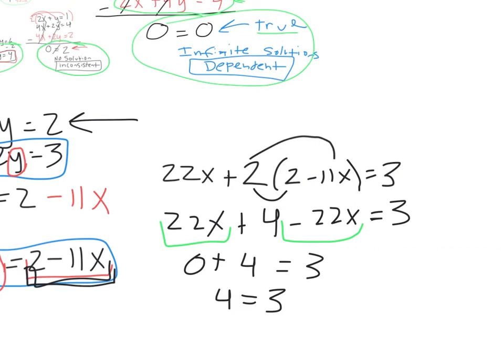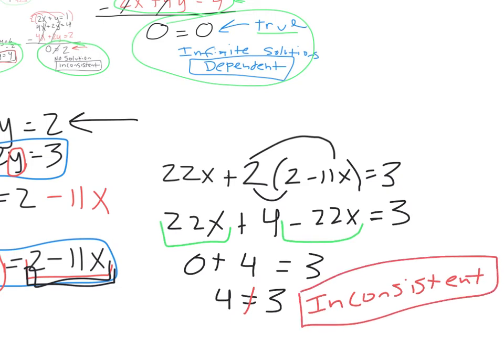And is that true? Does 4 equal 3? It doesn't. So what I have here, I'm going to put this line through the equal sign to say 4 does not equal 3. What I have here is an inconsistent system of equations. Right?